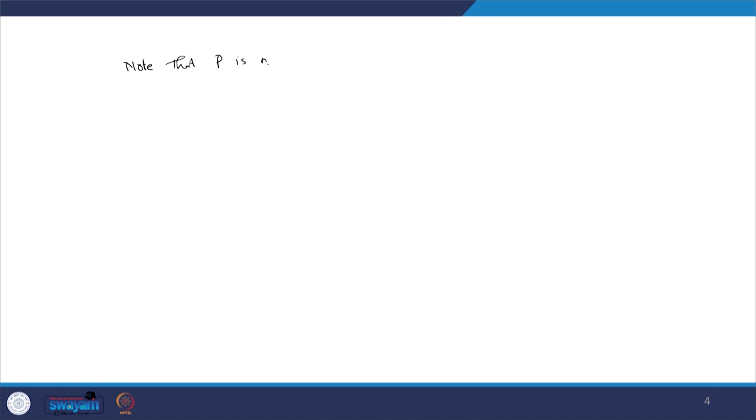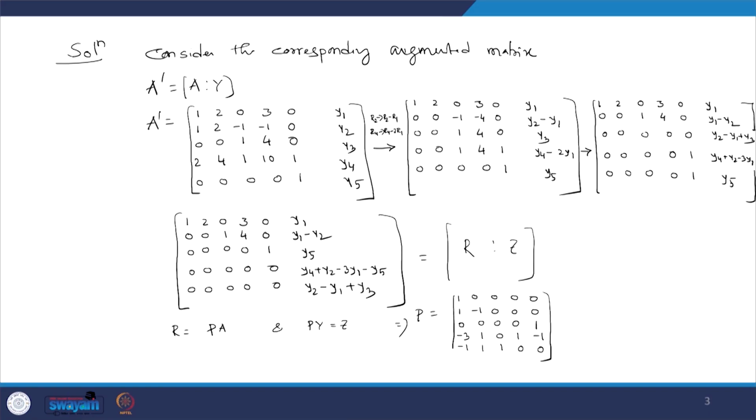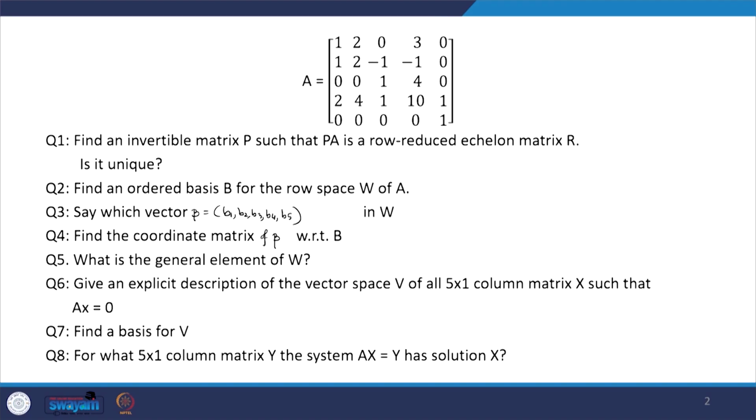I hope this is clear why it is not unique. So, this is the answer to the first question we raised in the very beginning: find an invertible matrix P such that P into A is a row reduced equivalent matrix R.